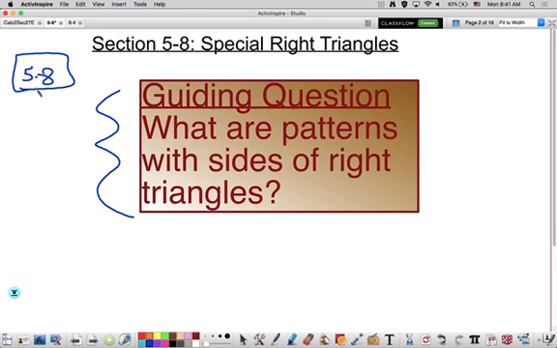Okay, so here's what we're doing. What are patterns with sides of right triangles? What we're learning about today is really important because we're going to need it for the rest of this unit. It's called special right triangles. So you're going to use this in Algebra 2.